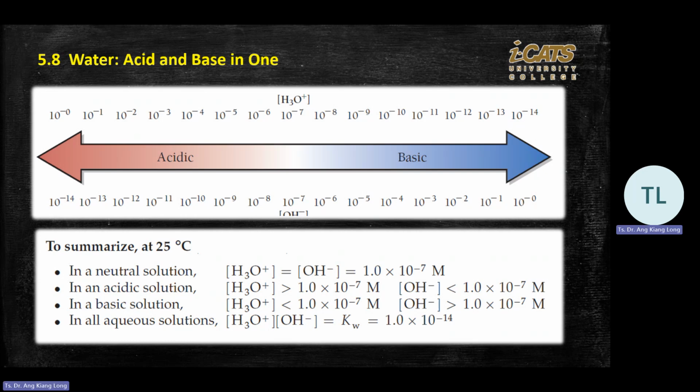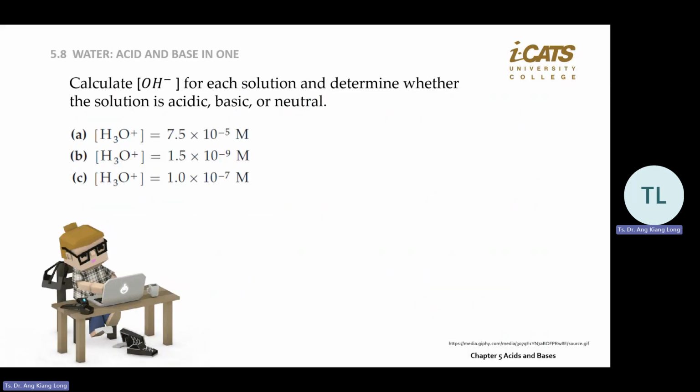In one of the attachments, I forgot where I put it already. By looking at this, you should be able to tell whether it's acid, base, or neutral. Minus 7 is neutral. Is minus 9 a big number or small number? Look at the scale: maximum is minus 14, and minus 7 is the middle.